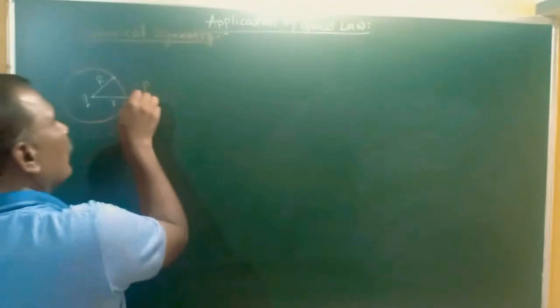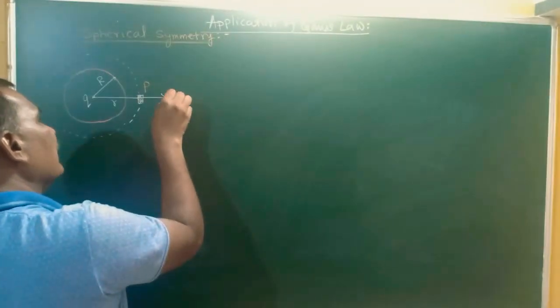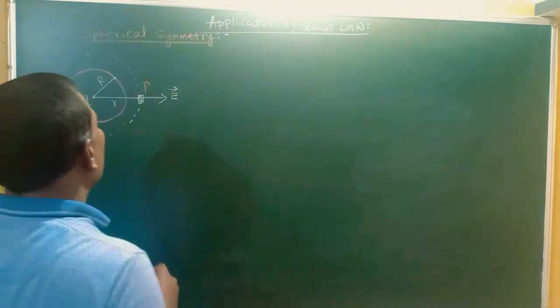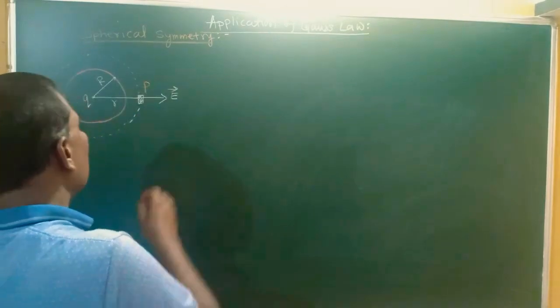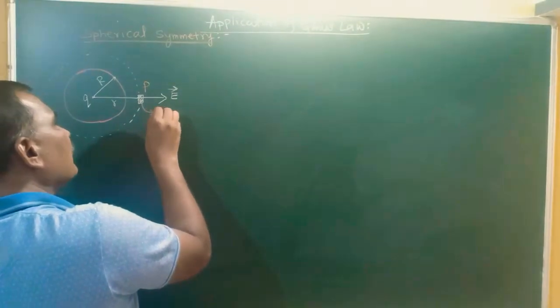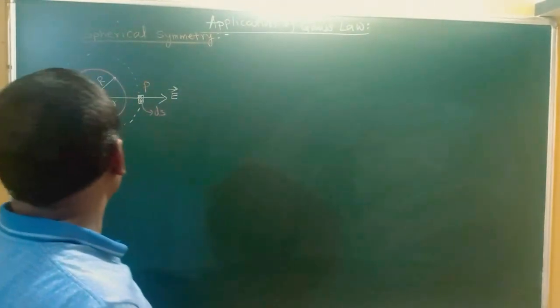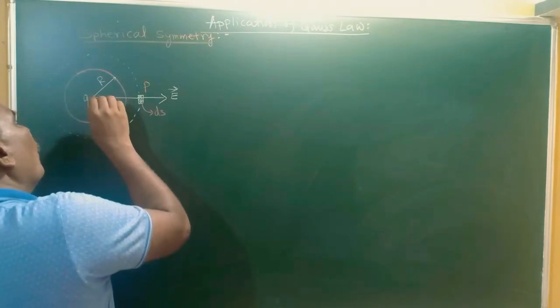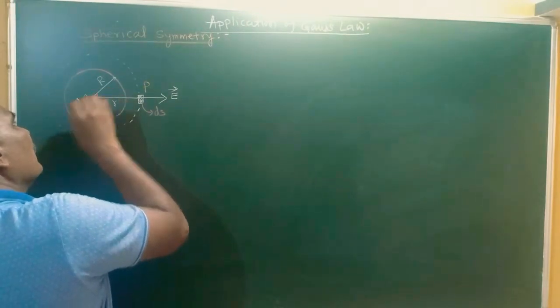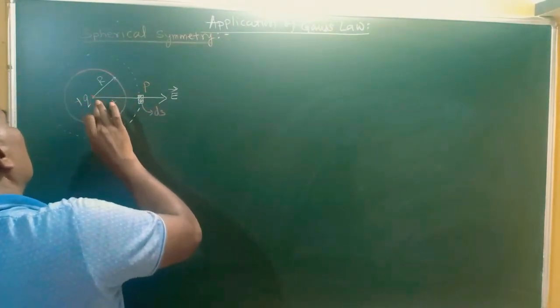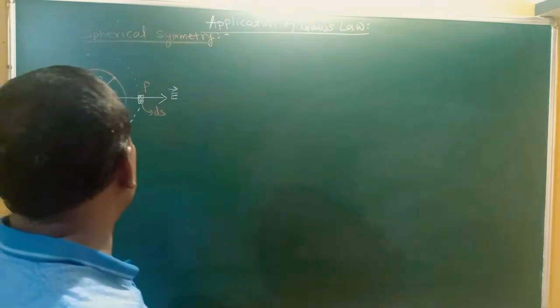Here we have to find the electric field intensity E, and ds is the small area element. Let O be the center of the sphere, with charge plus Q at O.